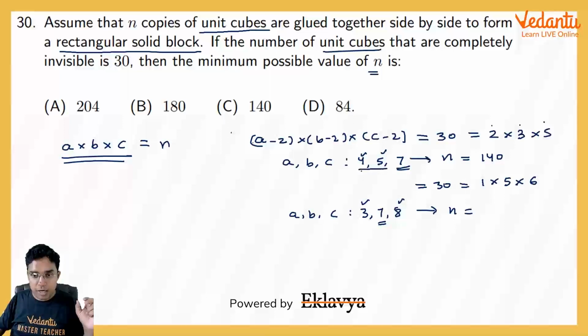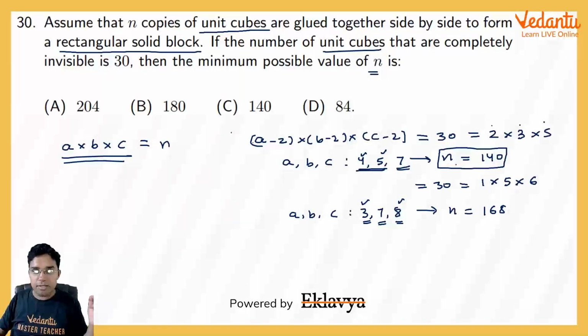But if you look at their product, here it was 20, but here it is 24. That means the value of n has increased. 24 into 7, I think it will be 168.